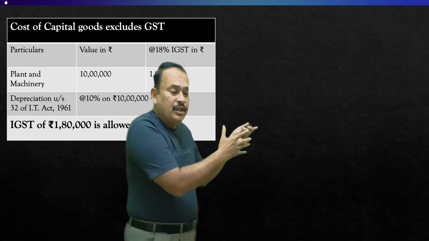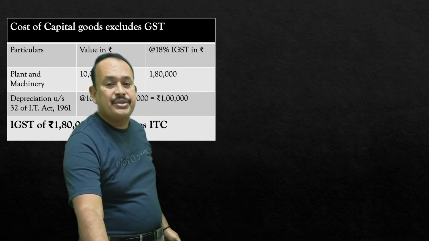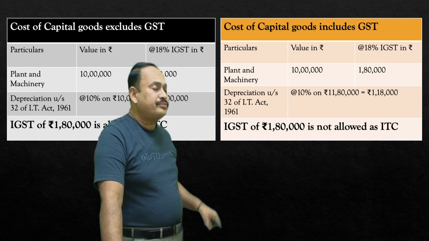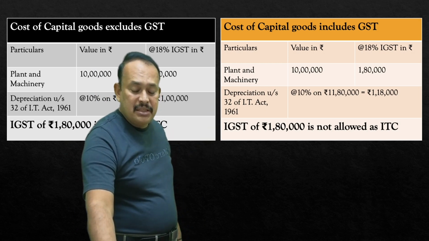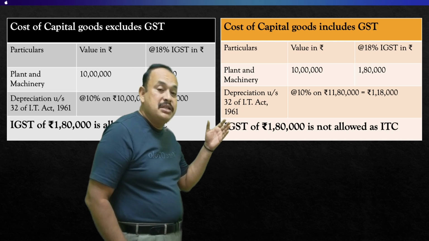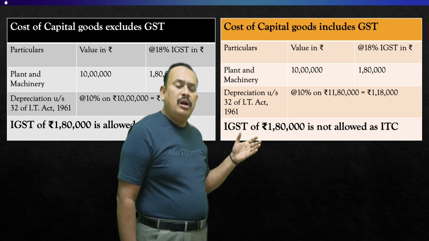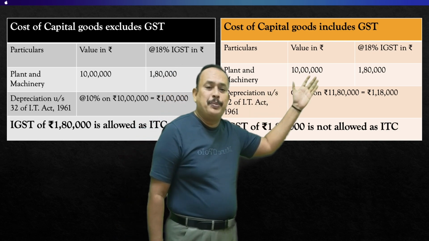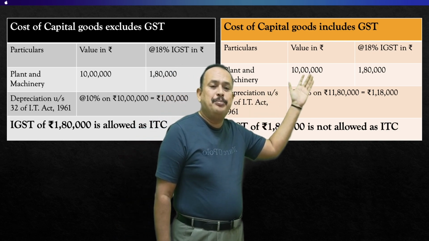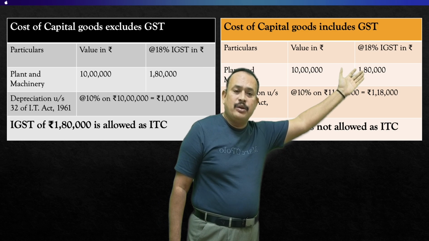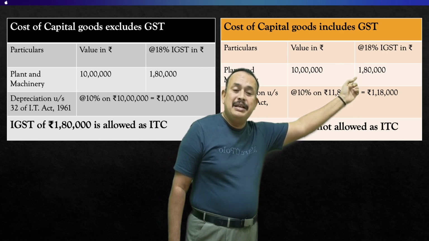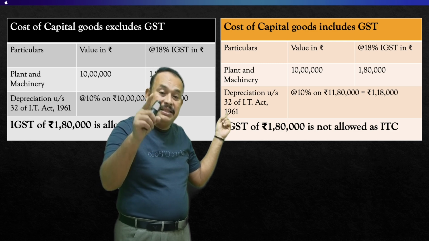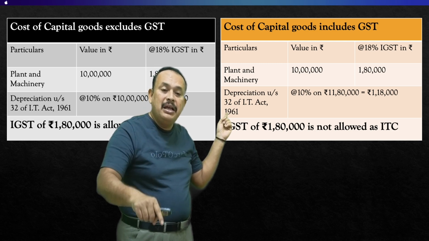On the other hand, you may come across a case where the cost of capital goods includes GST for claiming depreciation. If so, ITC is not allowed. See, plant and machinery purchased for rupees 10 lakhs, GST paid thereon rupees 1,80,000. He is claiming depreciation under the Income Tax Act not on 10 lakhs but by adding the GST part thereon, namely 1,80,000.